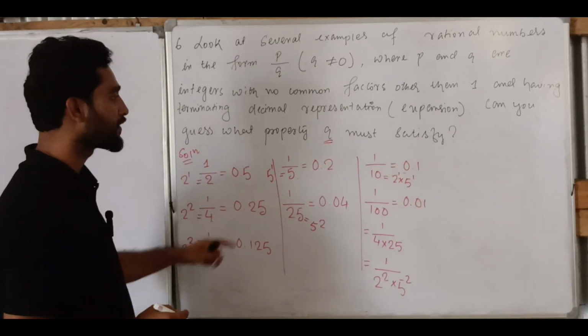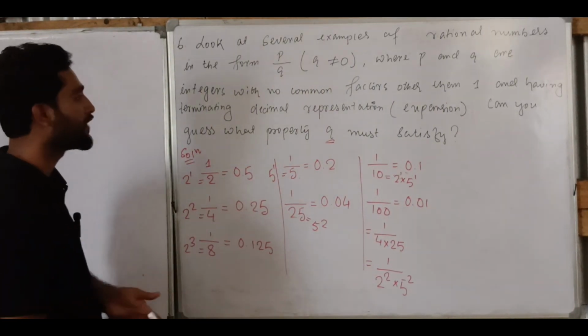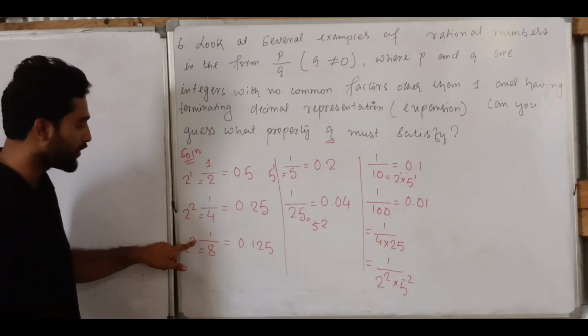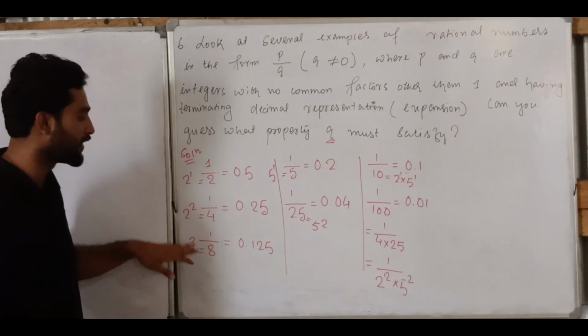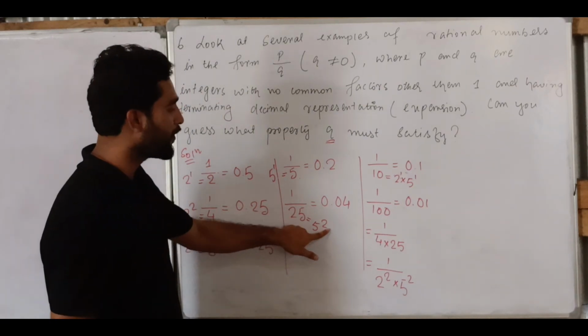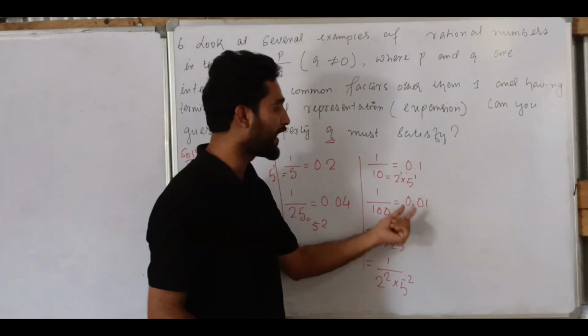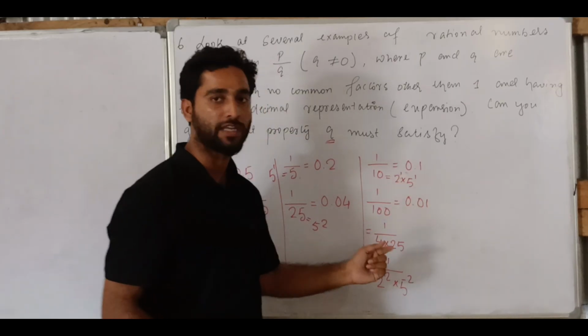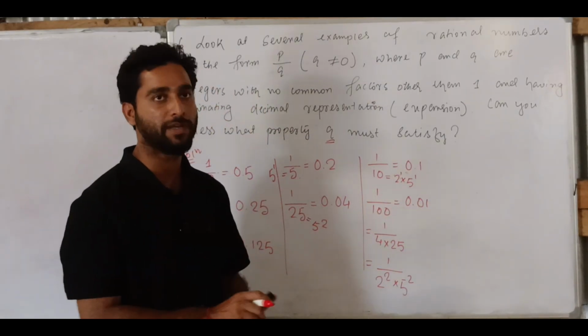Now from this what can we conclude? We can conclude that if the q is 2 to the power something, it can be 1, 2, 3, anything, or 5 to the power something, or 2 to the power something into 5 to the power something, then also the decimal expansion will be terminating.